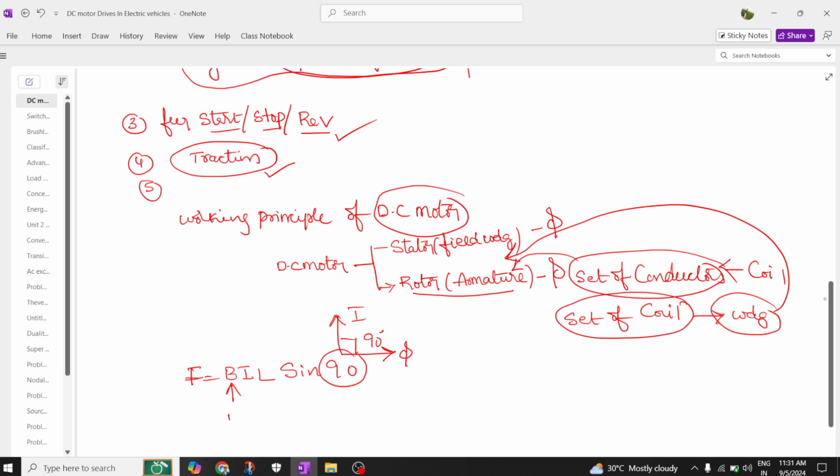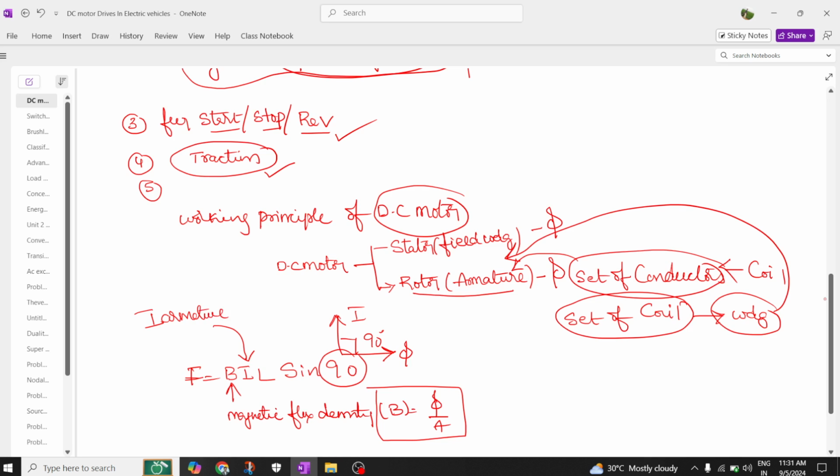B is called the magnetic flux density, where flux density is equal to flux per unit area, I is the current carried by the armature, and L is the length of the conductor in the armature.